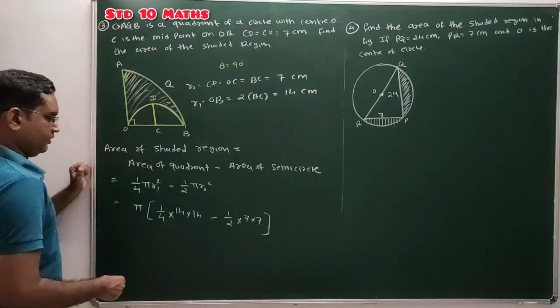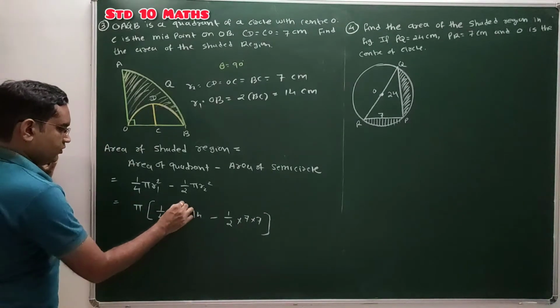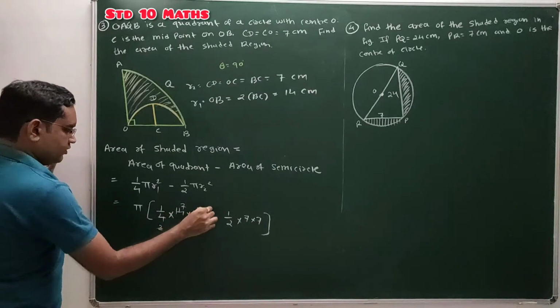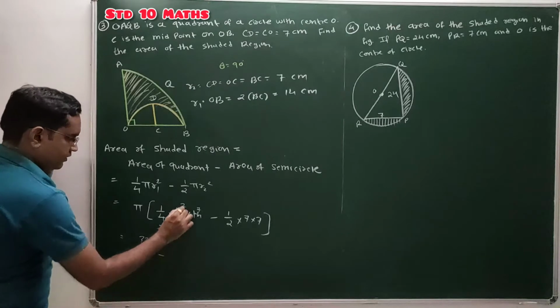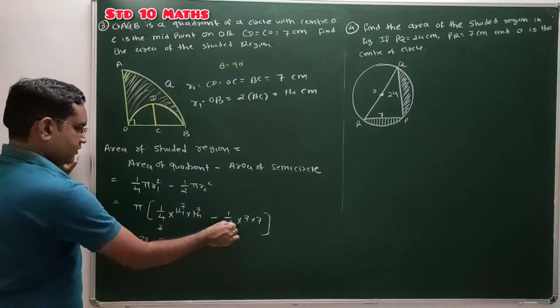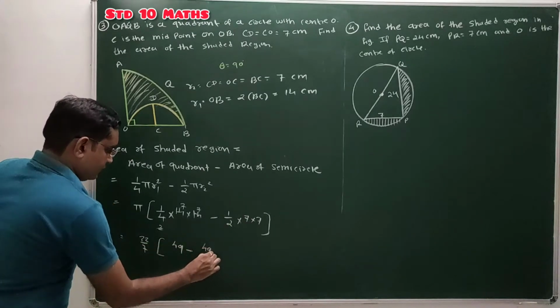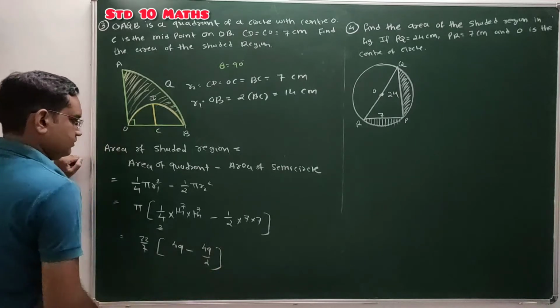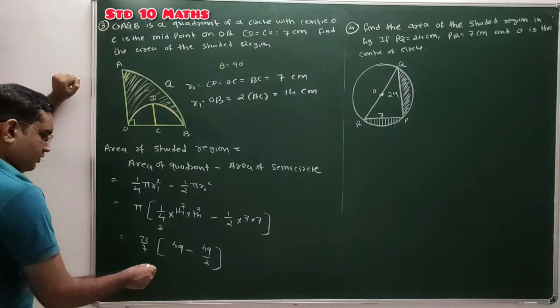Simplify this. So 22 upon 7, 7 7s are 49 minus 49 by 2.